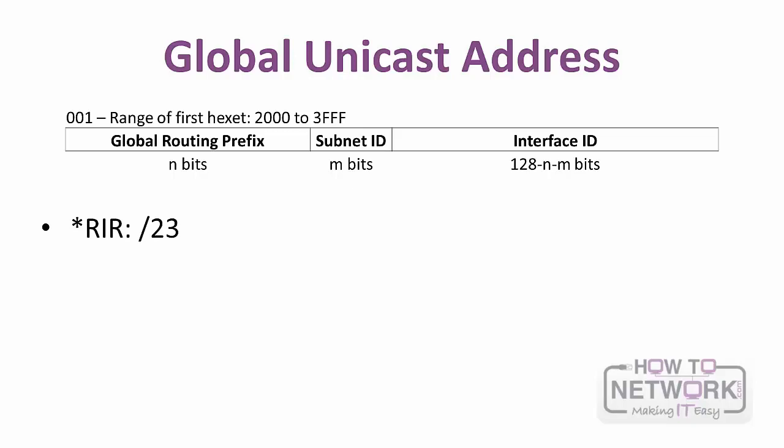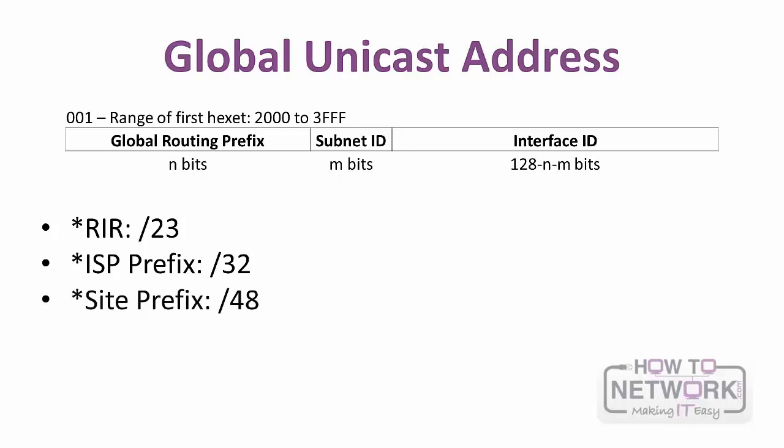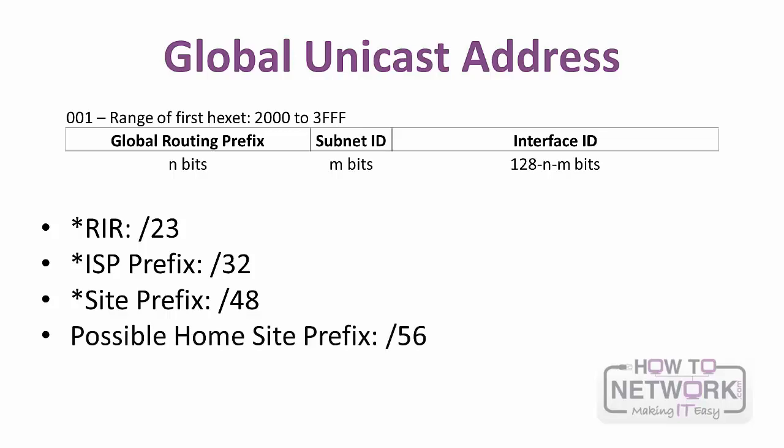This shows how address space can be allocated to the regional Internet registries and Internet service providers. These are minimum allocations, which means that an RIR will get a /23 or shorter, an ISP will get a /32 or shorter, and a site will get a /48 or shorter. A shorter prefix length allows for more available address space. Possible home site prefix is /56, and subnet prefix is /64.